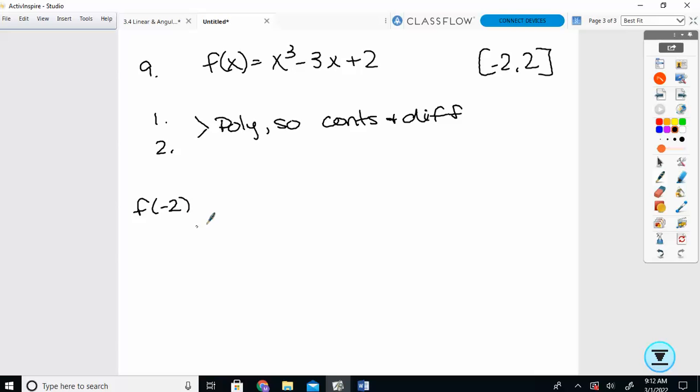Then we have to get the slope between the endpoints. So if you plug in a -2, you get -8 plus 6 plus 2, which is 0. You plug in a 2, you get 8 minus 6 plus 2, which is 4. So we have these 2 points.